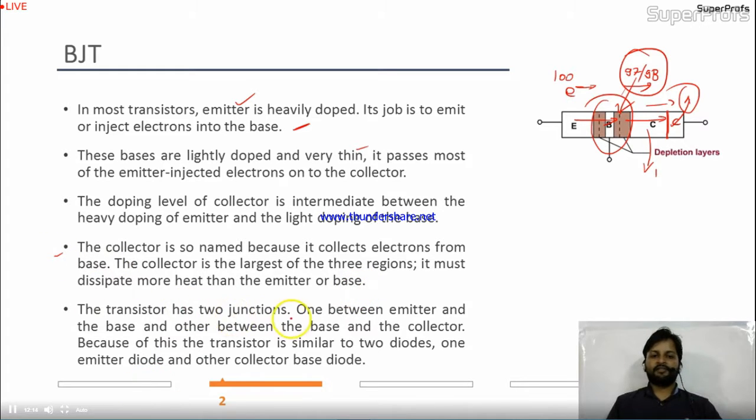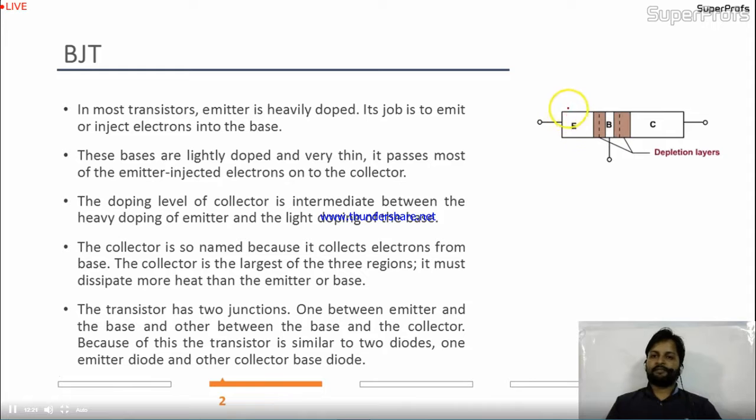The transistor has two junctions, because we are adding two PN junctions, right? If you consider N, P, N, this N and P make one junction, which I can call the emitter-base junction. In the second part, the P and N are connected, so collector and base have their own junction.